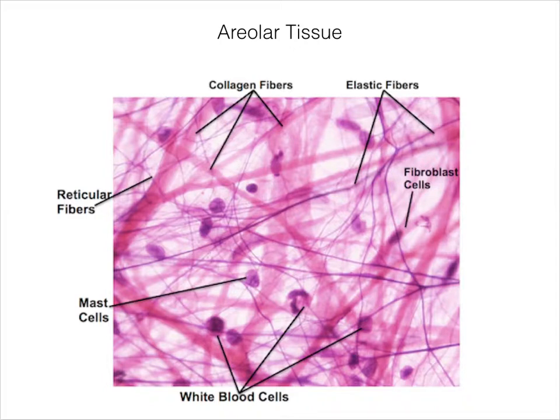And lots of cells, but they're not densely packed with each other. Most of these cells are going to be fibroblasts, but we have a few of them. This one here, this is a mast cell. Here are some blood cells. There are lots of different types of cells that move through areolar tissue, but it is made predominantly by the fibroblast cells.